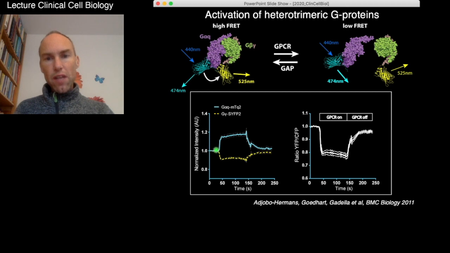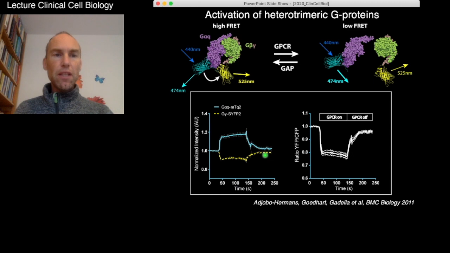In a resting cell we are right here, and then when we activate the GPCR in cells, we get a loss of FRET. So we get an increase in the cyan fluorescence and a decrease in the yellow fluorescence. And at some point, right here, we add an antagonist, so the GPCR is inactivated, and we see that the cyan intensity goes back to baseline and the yellow as well.